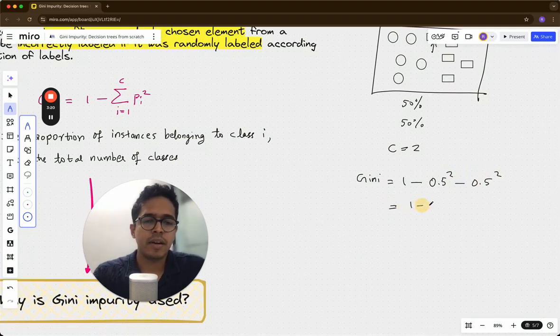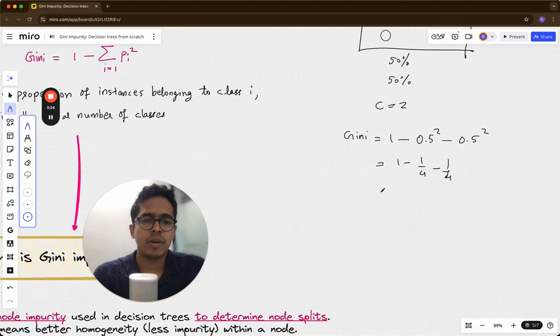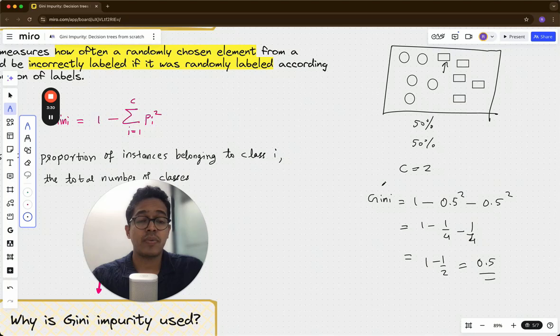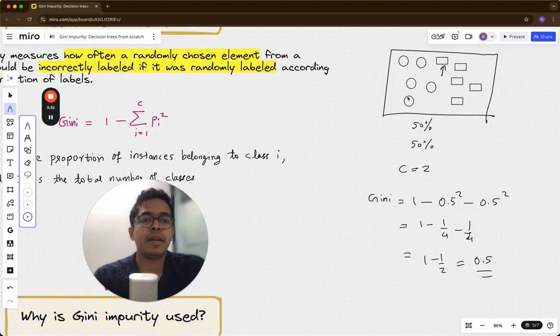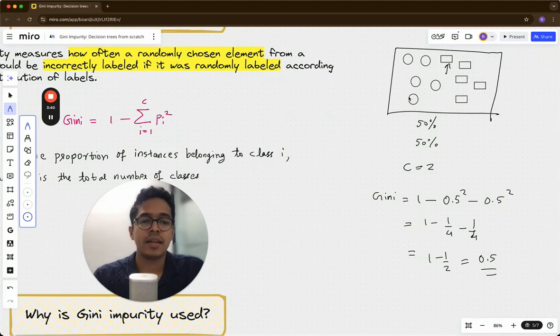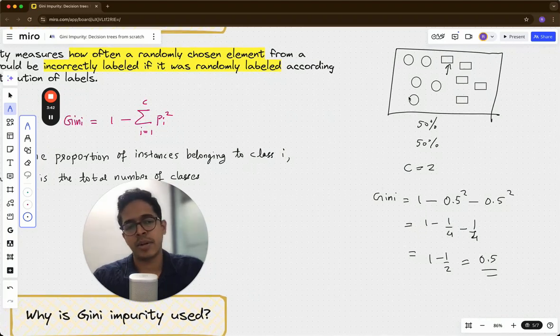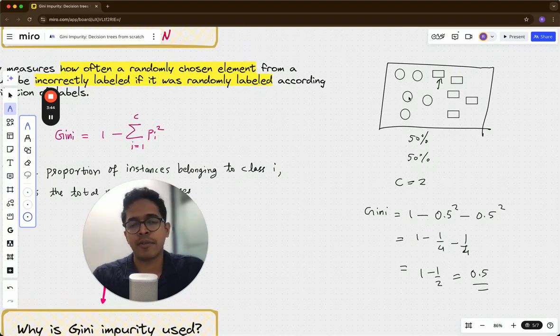This is 1 minus 1/4 minus 1/4, equal to 1 minus 1/2, equal to 0.5. So the Gini impurity, which is a measure of how often you will be wrong if you randomly select from this data set and randomly label based on the probability distribution of the data set, in this particular case is 0.5.